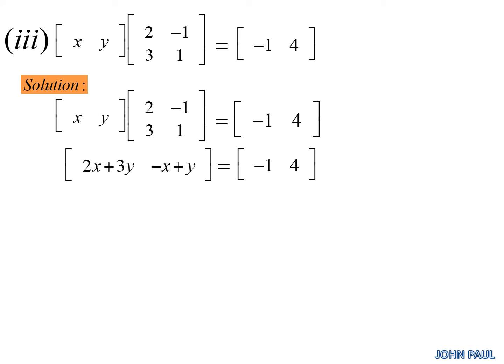As I said earlier, when one row or column is given, you have to consider the order. The matrix x y is given. What is its order? 1 by 2. The next matrix, what is the order? 2 by 2. So if you multiply, you will get a matrix of order 1 by 2, that is 1 row, 2 columns.